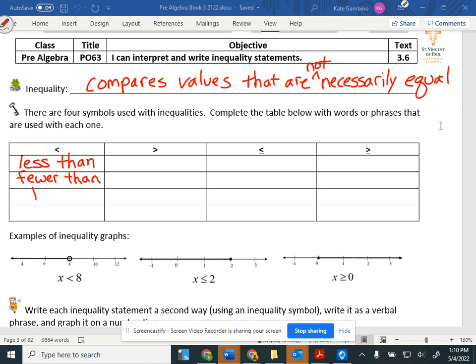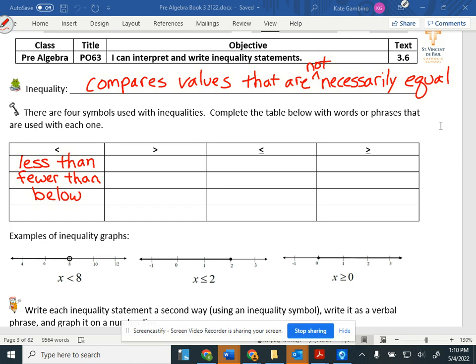We could also say below. 4 is below 5. He actually only has 3 for this one. Yeah. Less than is proper grammar. Lesser than would not be proper grammar.